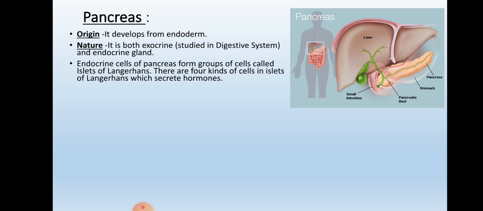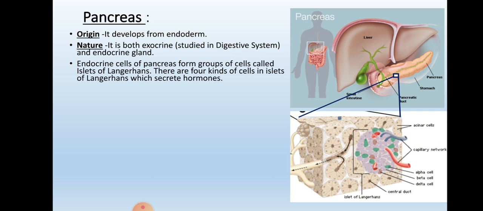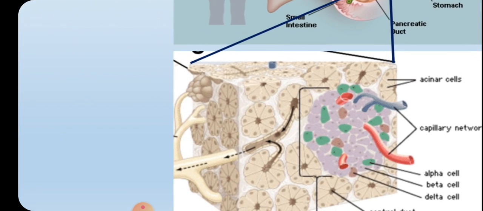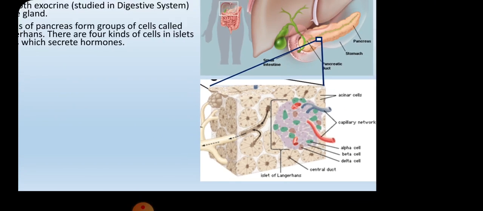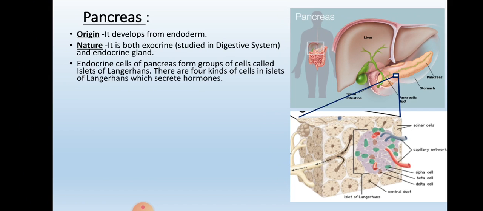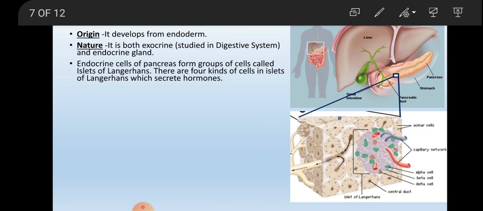Endocrine cells form groups called islets of Langerhans. There are four kinds of cells which we are going to see. If a section of the pancreas is magnified, you can see the islets here. The islets are groups of cells which are endocrine in function. There are alpha, beta, delta cells and PP cells also. We are going to see about them.